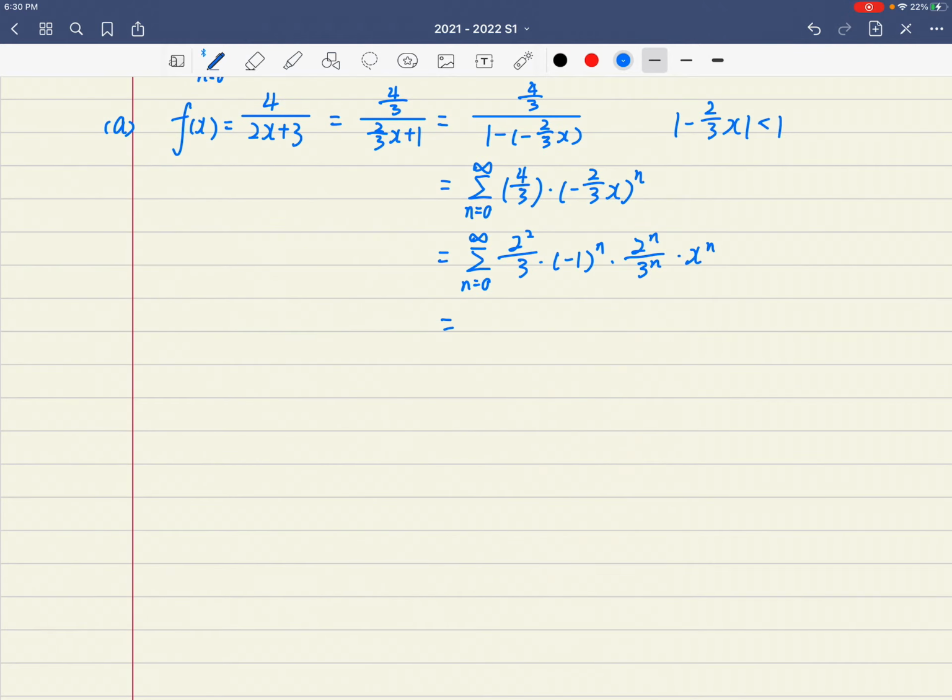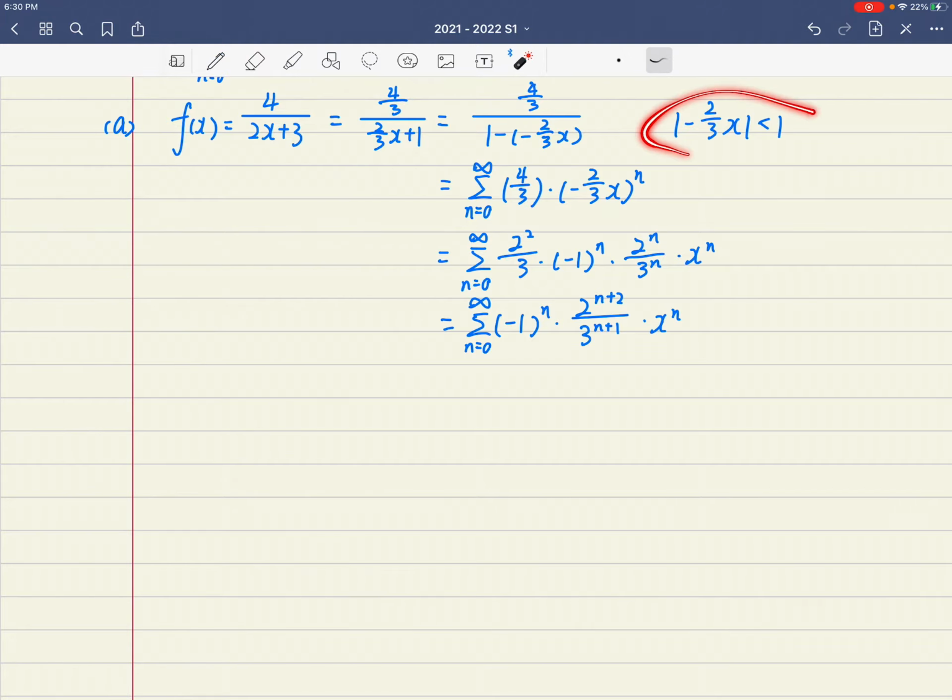Then I can rewrite it as the sum. On the top I have 2 squared times 2 to the power of n, so it's 2 to the power of n plus 2, over the bottom, 3 to the power of n plus 1, times x to the power of n. All right, so this is the power series representation.